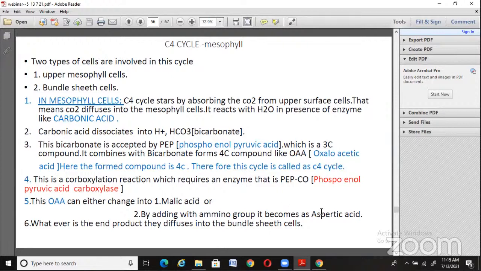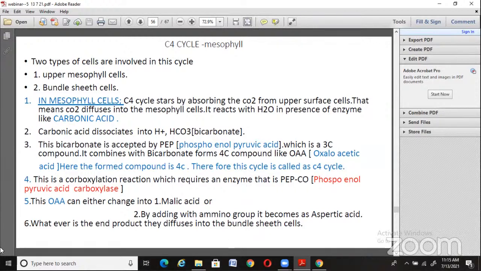So whatever is the end product of OAA conversion, they diffuse into the bundle sheath cells. So these are the important steps in the C4 cycle which take place in mesophyll cells.